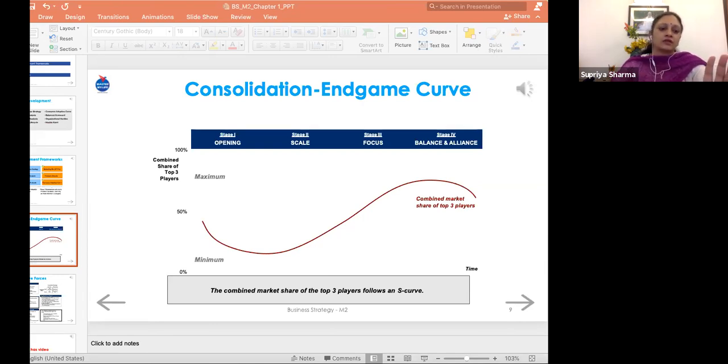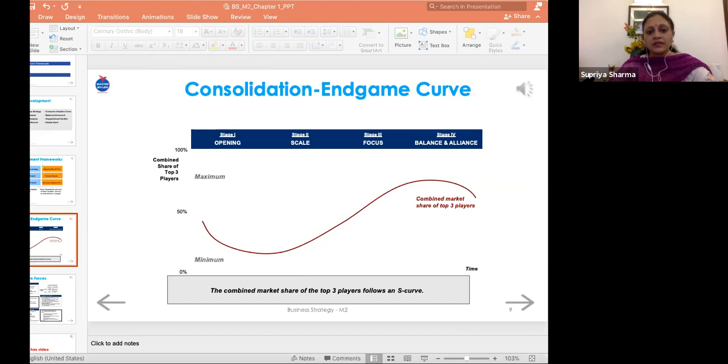And there are many telecom companies, like Dolphin and BSNL and so many others, which actually dropped off in stage 2 and stage 3. They were not able to sustain themselves. Because slower firms eventually become acquisition targets, and they are likely to disappear.